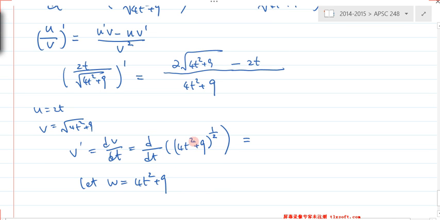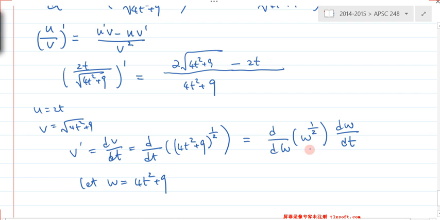Then the derivative of this one is to take the derivative with respect to w first, of w to the power 1/2, and then dw over dt. Does that make sense?